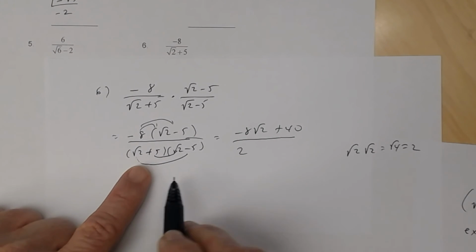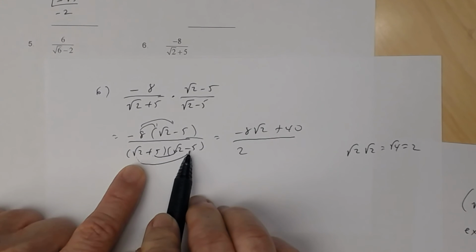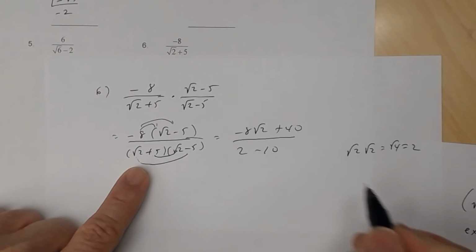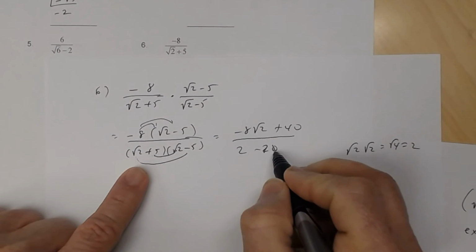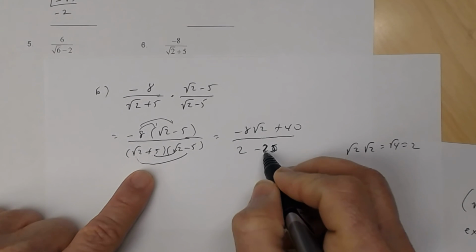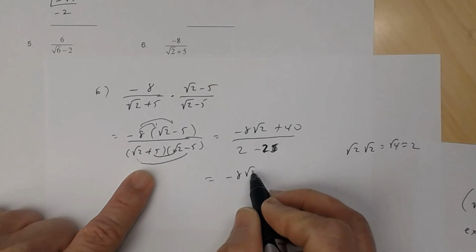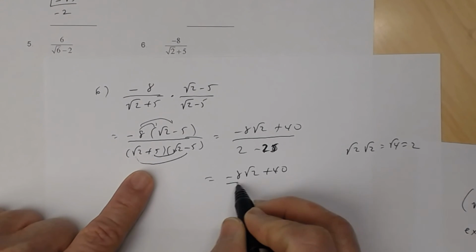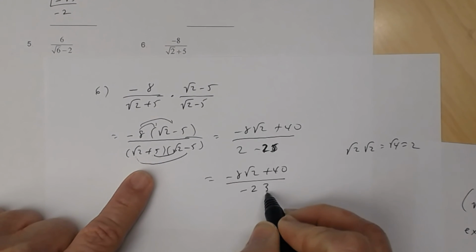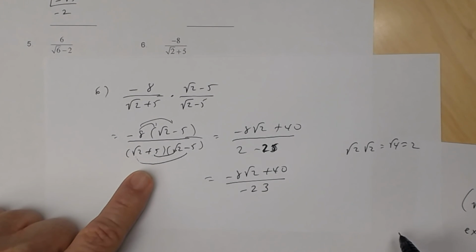So I get 2. And then a positive 5 times a negative 5 is negative 25. And so I get negative 8 square root of 2 plus 40 divided by negative 23. Okay? So negative 8 square root of 2 plus 40 divided by negative 23.